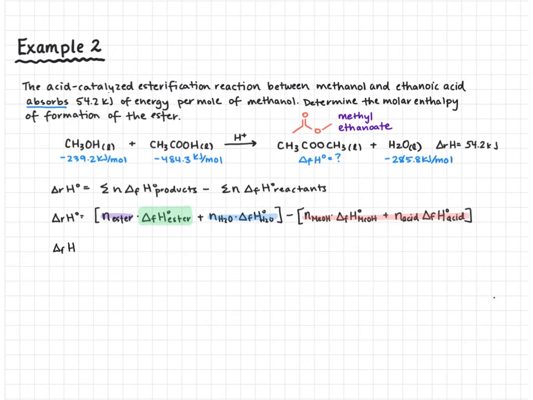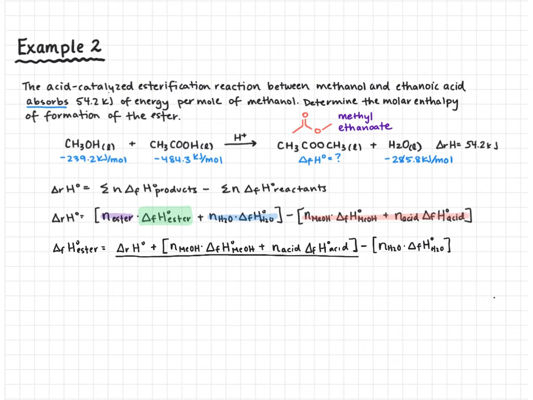The formation enthalpy of our ester equals our reaction enthalpy plus the enthalpy of formation of our methanol plus the enthalpy of formation of our ethanoic acid minus the enthalpy of formation of our water, and then the whole thing divided by the coefficient of our ester. So a little bit more complex rearrangement because we can't cancel any terms out.